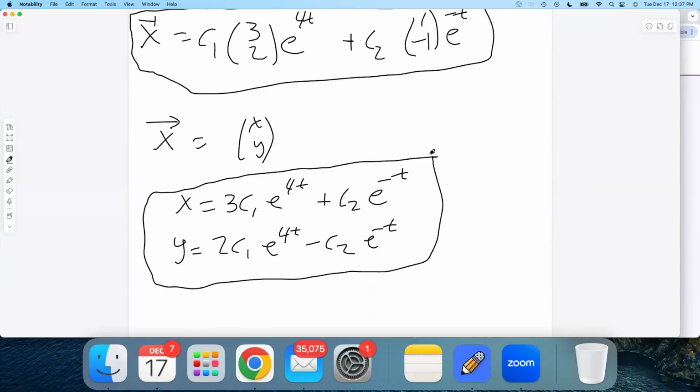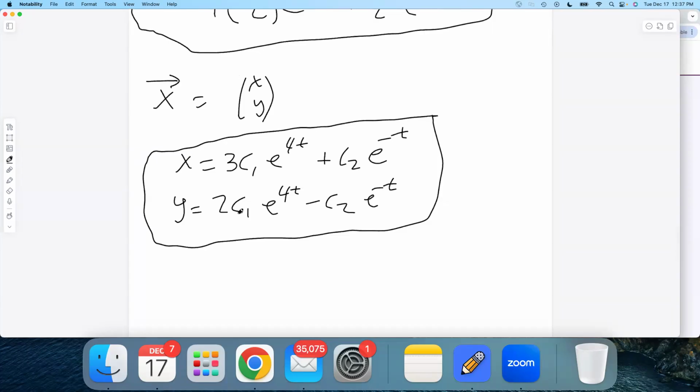I've seen this mistake happen, so real quick. You might look at that and go, oh, 3 times c1, that's just a new c. I'm going to squish that together into a new constant of integration. You can't do that because I have two equations that have c1 in them, two equations with c2. You can't squish that 3 and that 2. You can't incorporate these into some new constant.